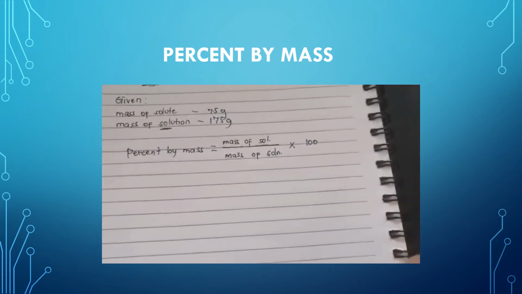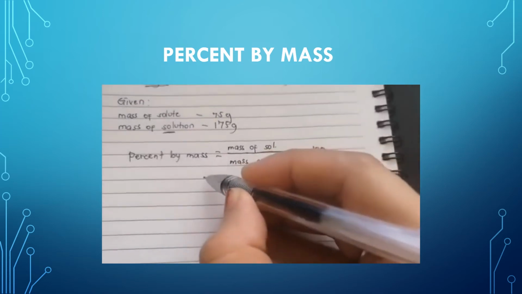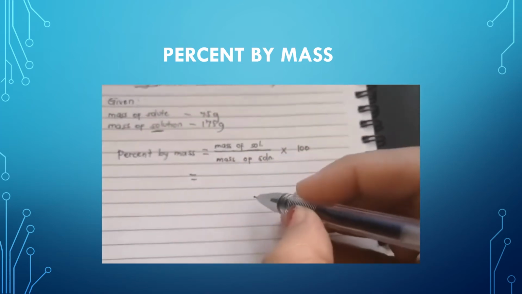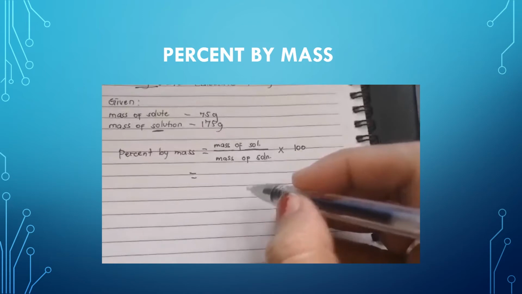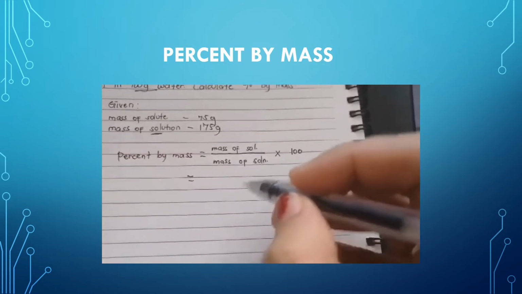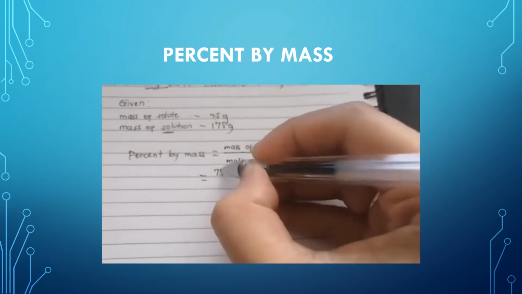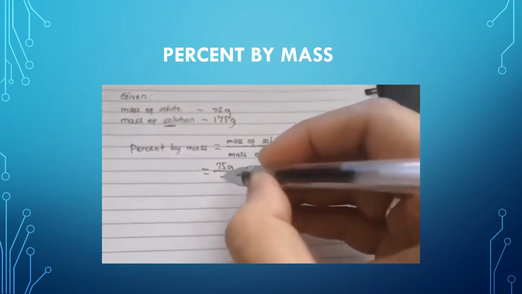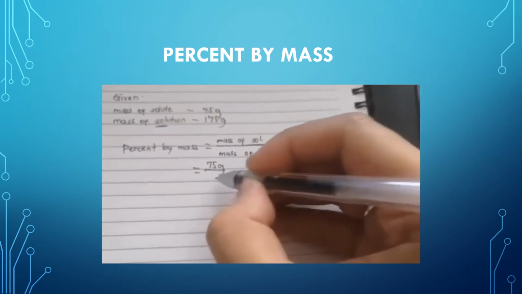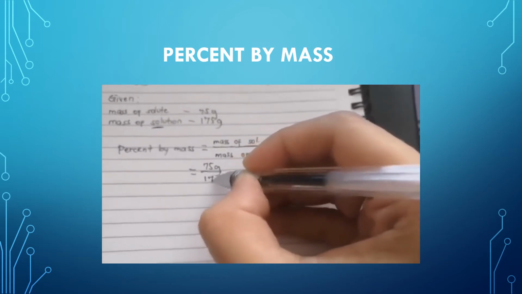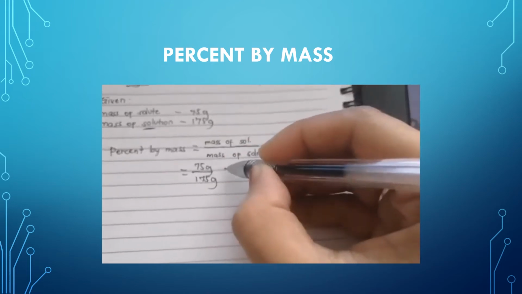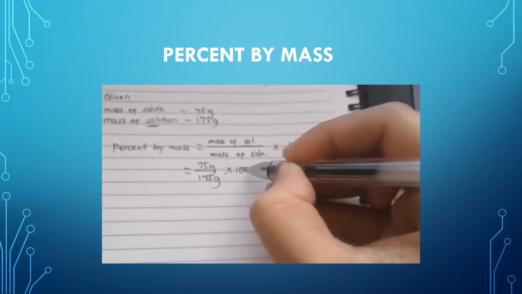Next step is for you to substitute the value. So we have mass of solute, which is 75 grams, over 175 grams times 100.